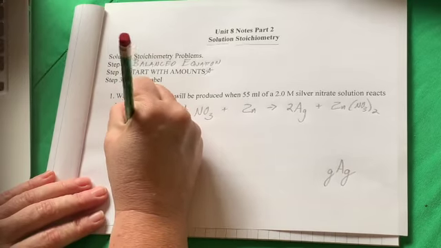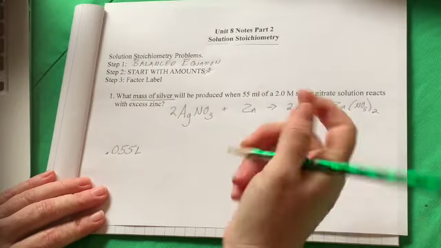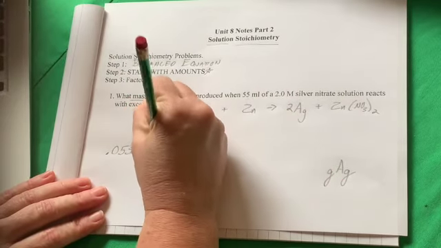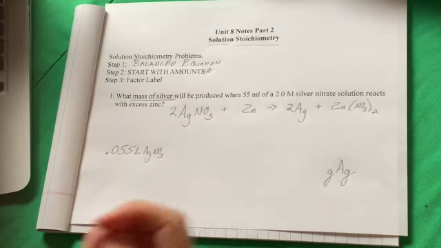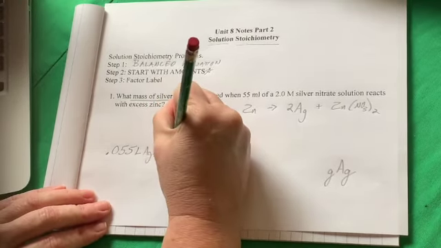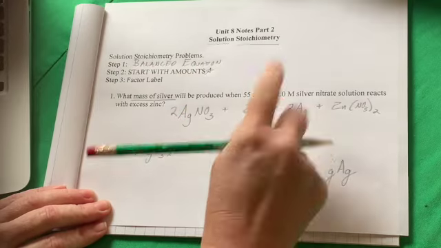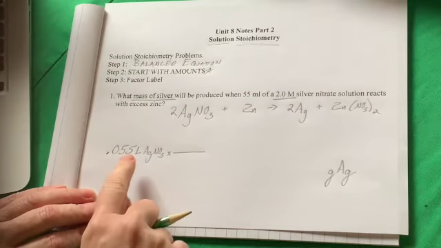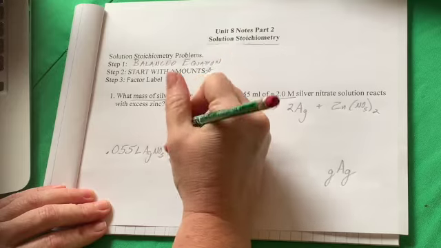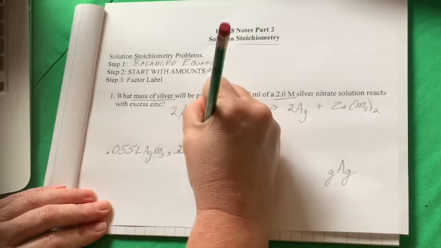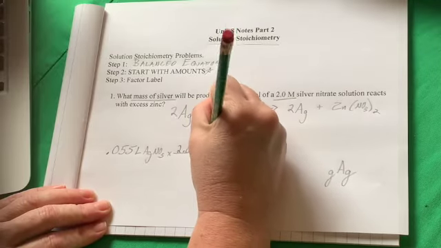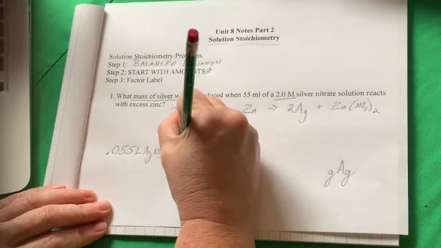So 0.055 liters of silver nitrate. We want to start writing what the solution is of because we're going to be dealing with different things now because it is stoichiometry. All right, I'm going to use my molarity to convert from liters to moles. So 2.0 capital M means 2.0 moles of silver nitrate per 1 liter.